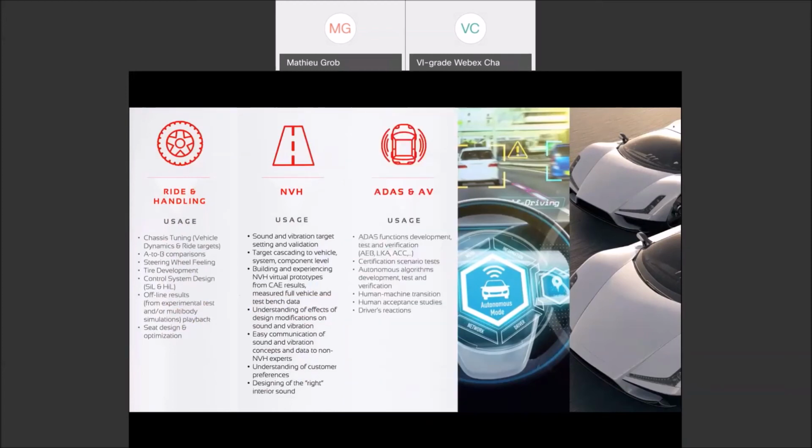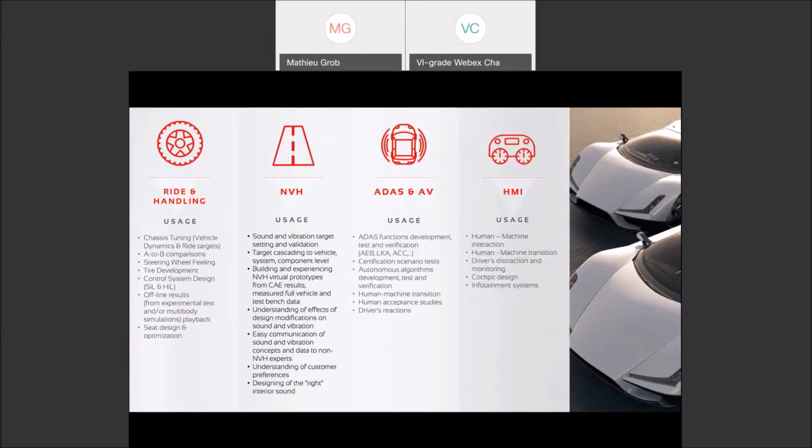For ADAS and autonomous vehicles, as I explained, with higher workspace, you can experience really what you would experience in a car on low dynamic maneuvers on the open road, on a roundabout, on the highway, in a city, and experience really the good feeling in a car to evaluate if your ADAS or your autonomous vehicle algorithm is reacting properly.